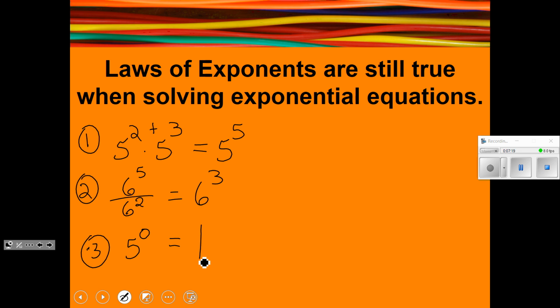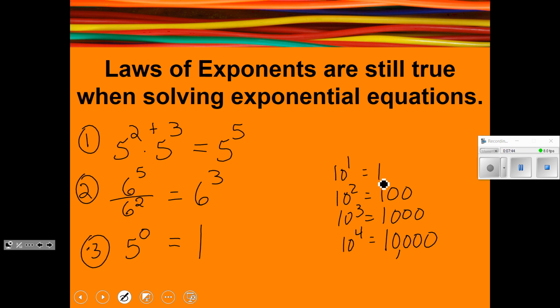Okay? That rule is based on your powers of 10. We know 10 to the 4th is equal to a 1 with how many zeros? 4 zeros. 10,000. We know 10 to the 3rd is a 1 with 3 zeros. 10 to the 2nd is 1 with 2 zeros. 10 to the 1st is a 1 with 1 zero.